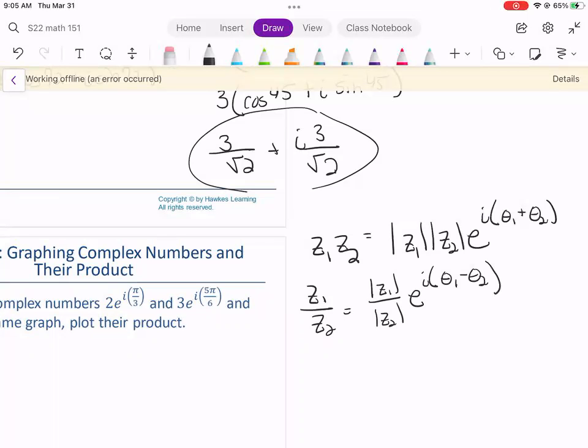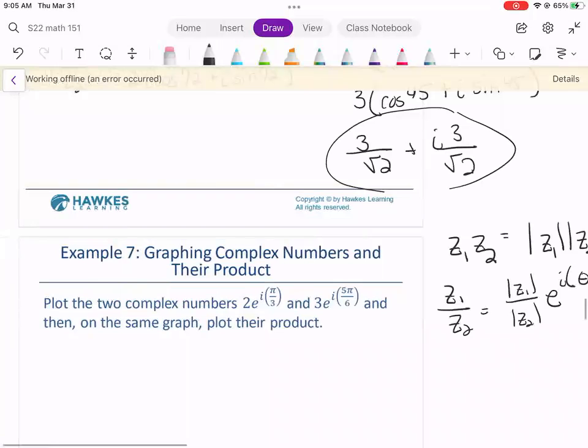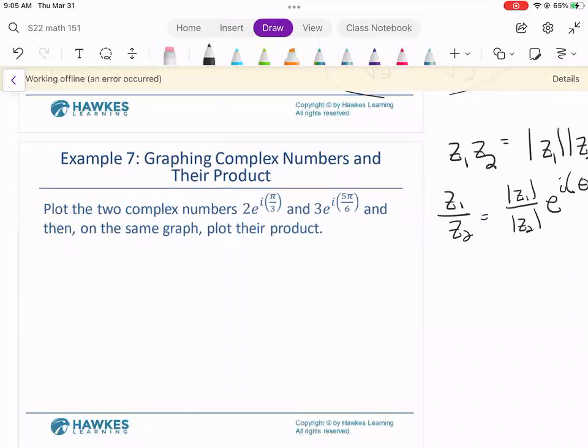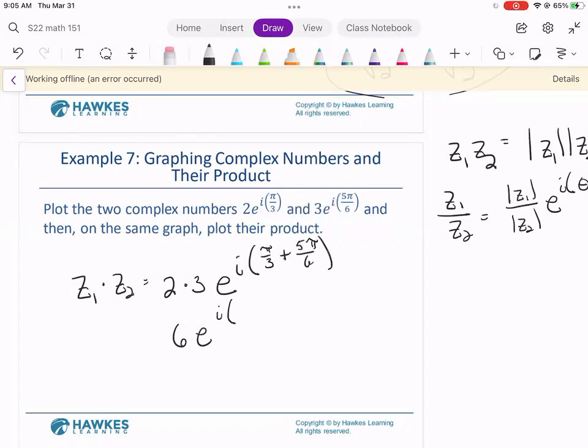So how does that apply in an example? Well, if I want to plot these two numbers and then also plot their product on the same graph, notice from the formula we just looked at that Z1 times Z2 is going to be 2 times 3 e to the i of pi over 3 plus 5 pi over 6, which becomes 6 e to the i 7 pi over 6.